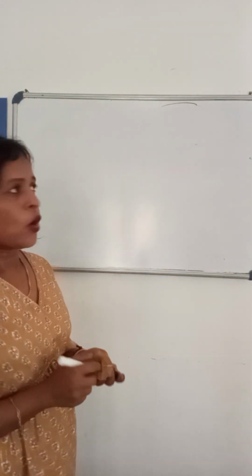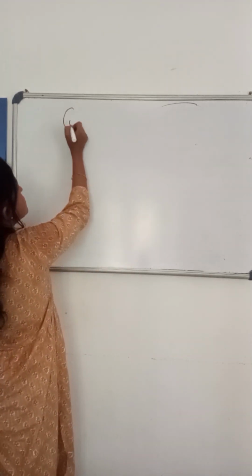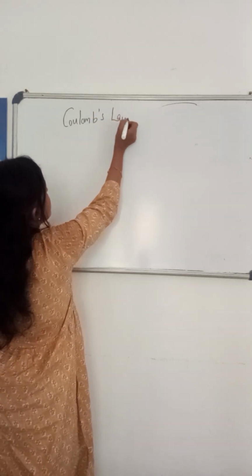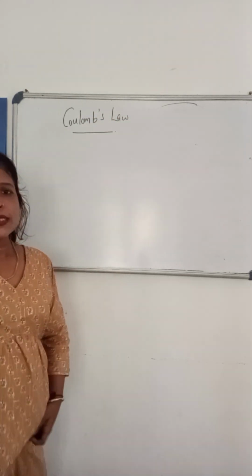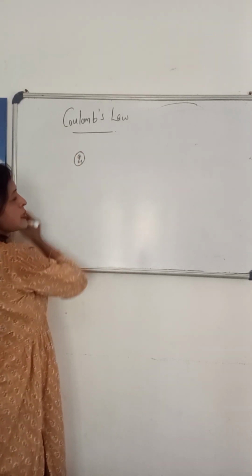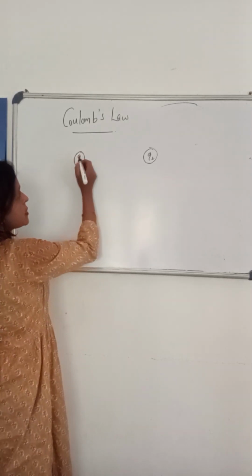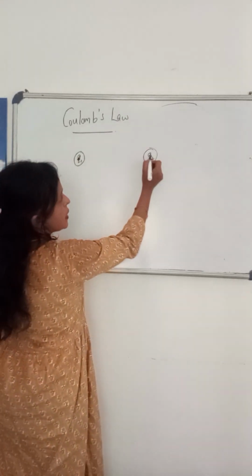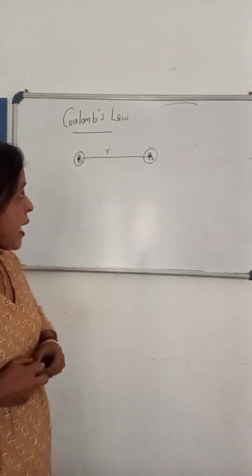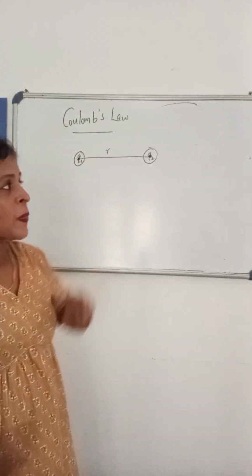Okay. Next topic, our topic is Coulomb's law. What is Coulomb's law? Suppose this is the charge Q1 and this is the charge Q2, separated by a distance R from the center of one charge to the center of the other. R is the line joining the center of one charge to the center of the other charge.